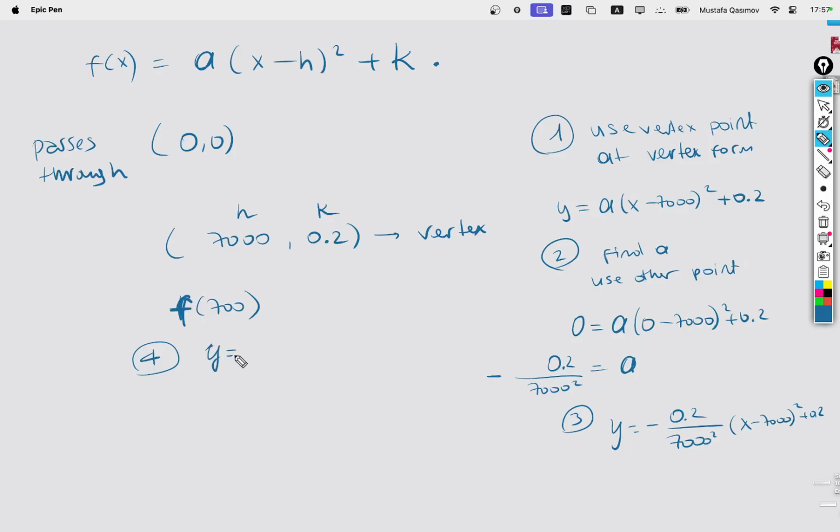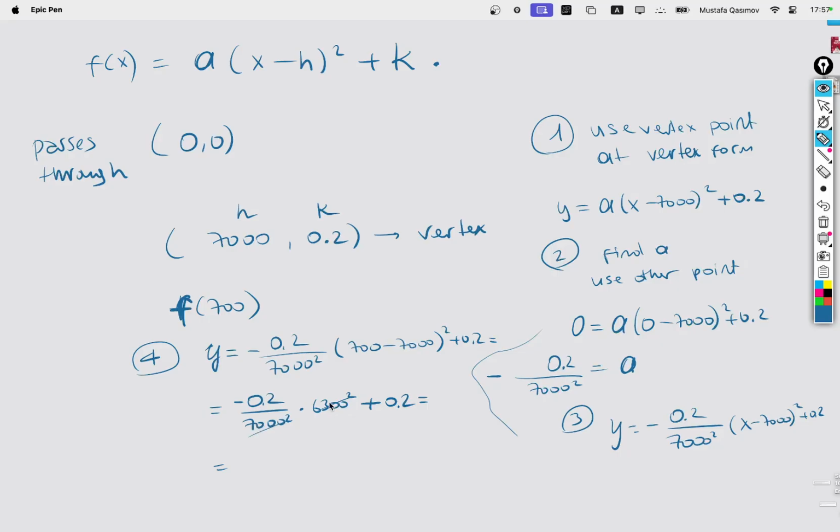Then y is equal to 0.2 over 7,000 squared multiplied by (700 minus 7,000) squared plus 0.2. It's equal to 0.2 over 7,000 squared multiplied by that one. Then we can eliminate these.